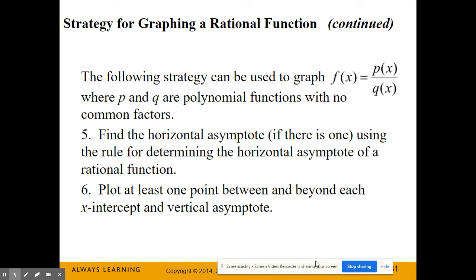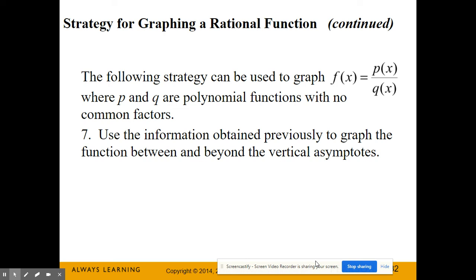Fifth step, find the horizontal asymptote using our 3-category rule that we talked about. And then part 6 is plot at least one point between and beyond each x-intercept and vertical asymptote. You're going to try to find a point that's in between everything. Step 7, use all that information to graph the function between and beyond the vertical asymptotes.